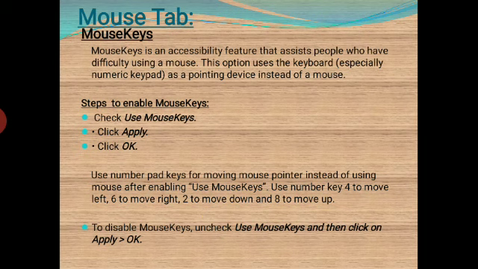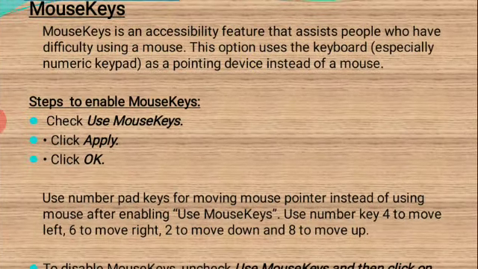Next option is the mouse accessibility option, in which mouse key accessibility tool is an accessibility feature that assists people who have difficulty using a mouse.